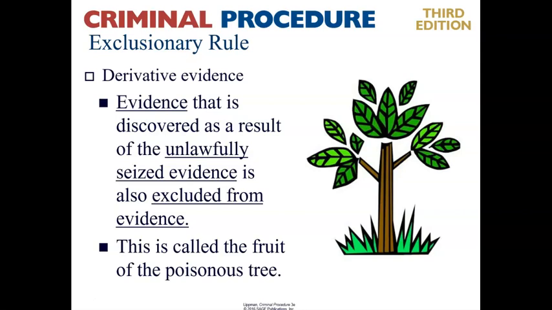So, in summary, direct evidence is evidence that is directly derived from the unreasonable search. And then fruit of the poisonous tree is evidence that is derived from the evidence that is directly seized.